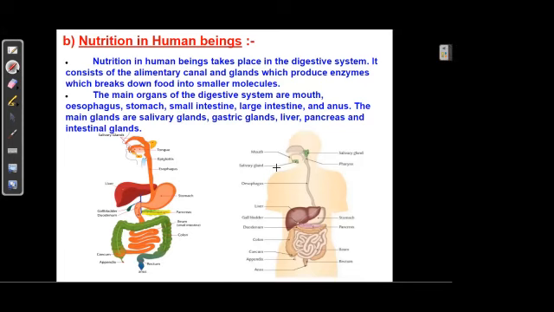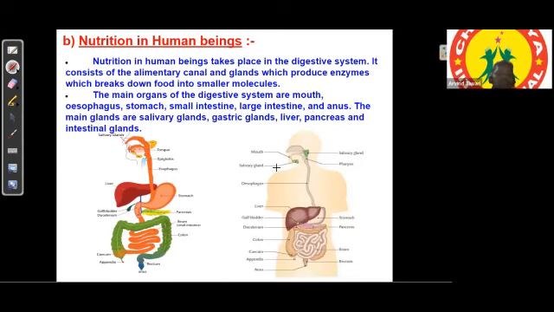Basic. Okay, that is basic because of the presence of secretions of the liver.